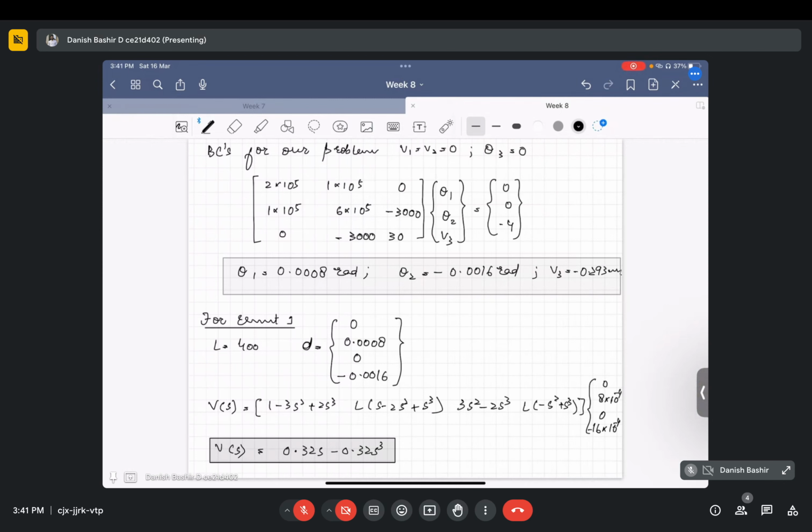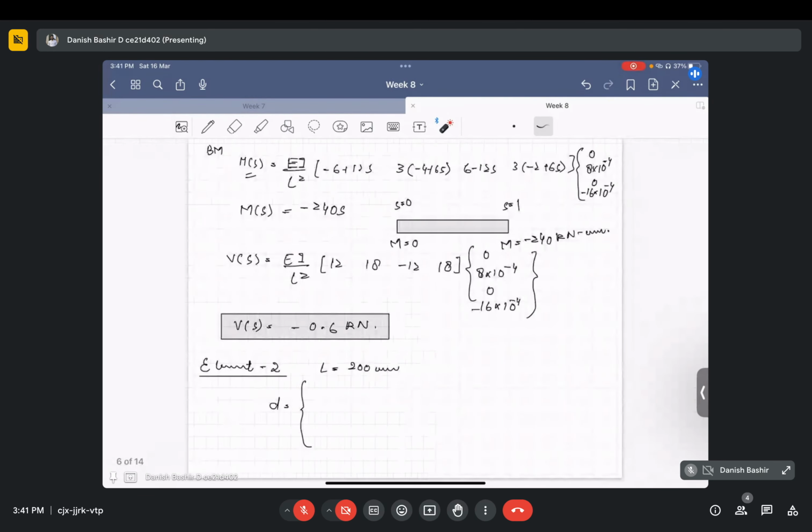Here theta 1 was 0. For element 2, theta 2 will be 0.0016 radian, but V2 is again equal to 0, and V3 comes out to be as such, and theta 3 is equal to 0.